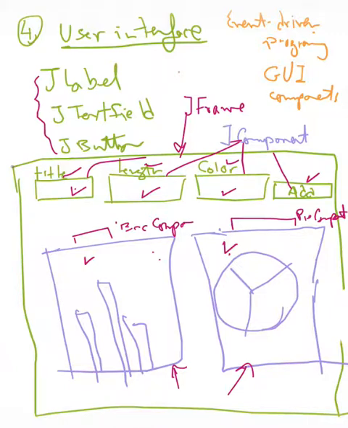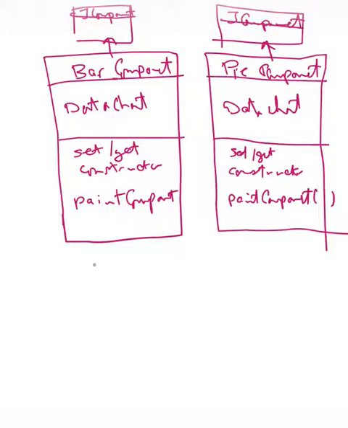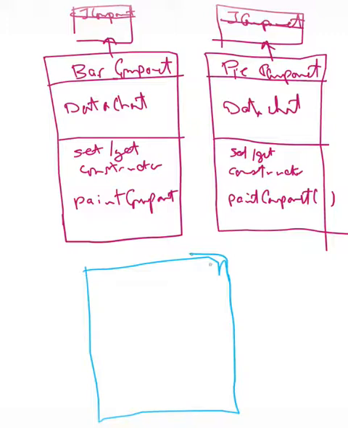The other part we need to talk about is this frame. This frame also will need a class. This class needs to extend JFrame, so we can call this class chart frame.